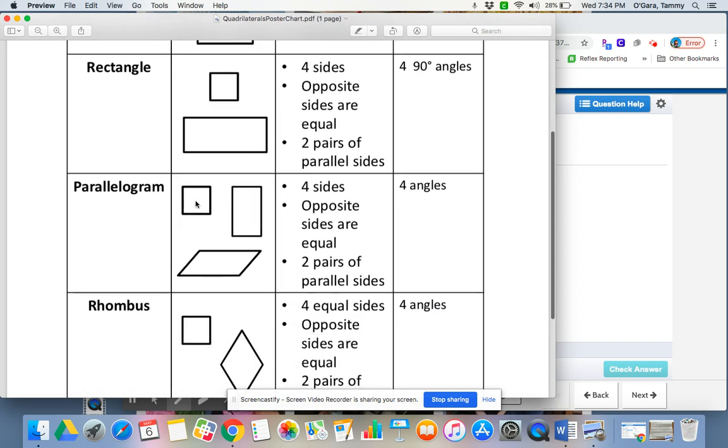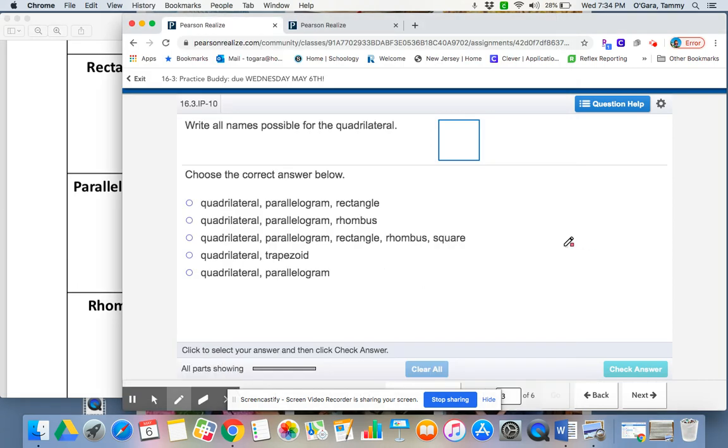I also see square down in parallelogram as well. So a square is also a parallelogram because it has four sides, opposite sides are equal, and two pairs of parallel sides. So when I look at my choices, I have quadrilateral, parallelogram, rectangle, but it's missing square. Quadrilateral, parallelogram, rhombus, but I'm missing square again. Quadrilateral, parallelogram, rectangle, rhombus, square.